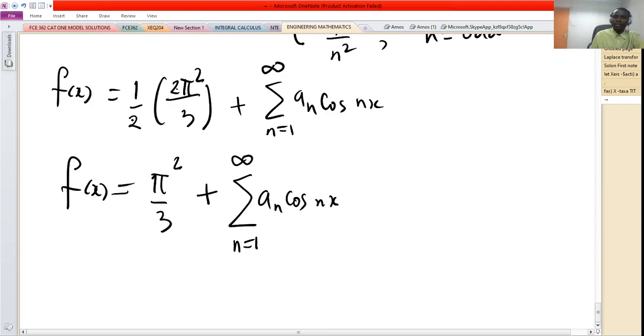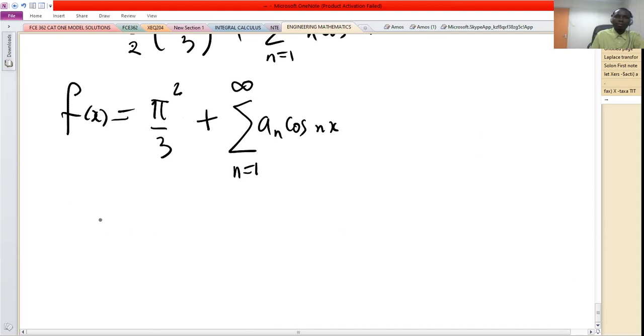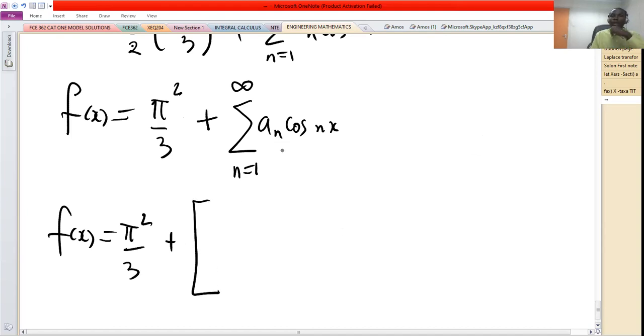So we can list a few terms. Therefore f of x equals pi squared over 3 plus, when n is 1, which is odd, then we have a negative sign. So we have minus 4 over n squared, really n, so just minus 4.